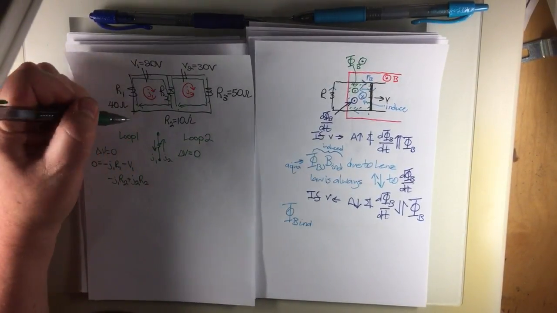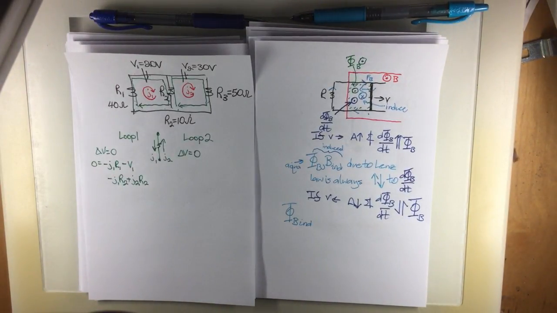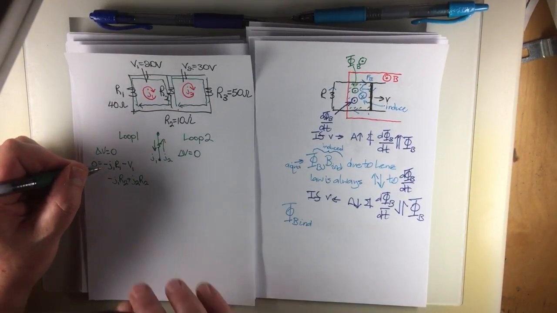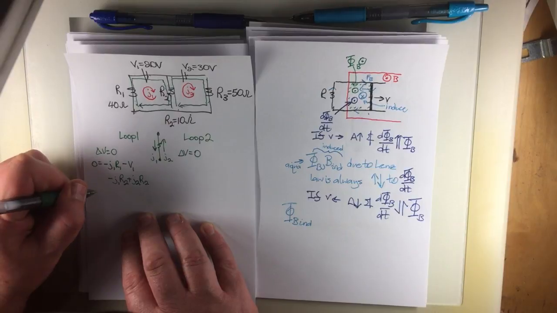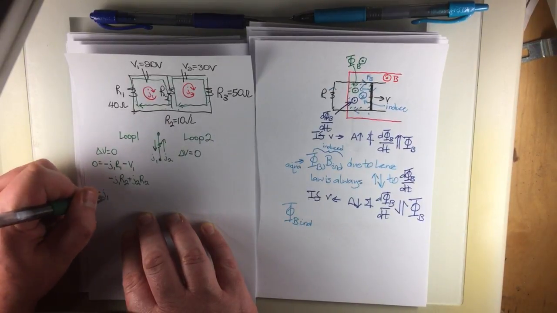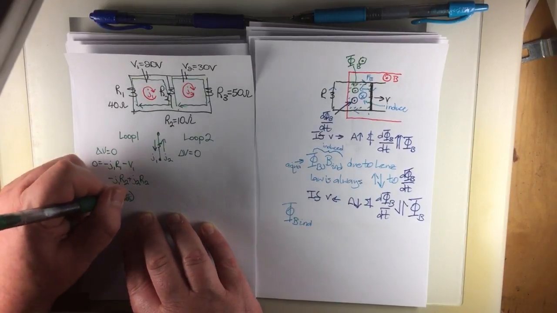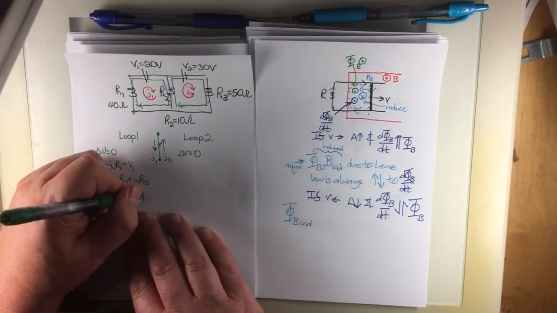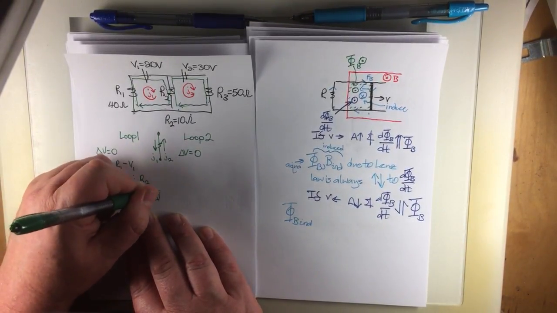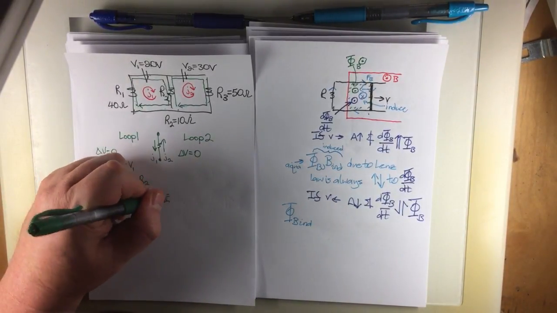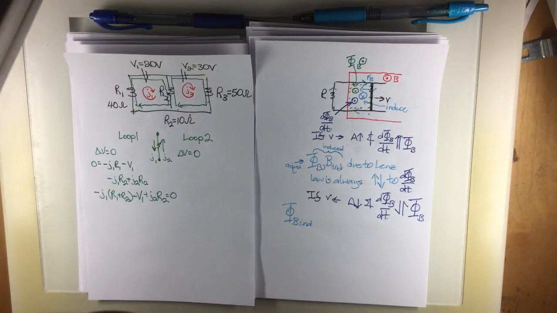And then from there to there, there's nothing, so I don't worry about it. Simplifying this, I get minus J1 (R1 plus R2) minus V1 plus J2 R2. And that's a simplified way of doing things.